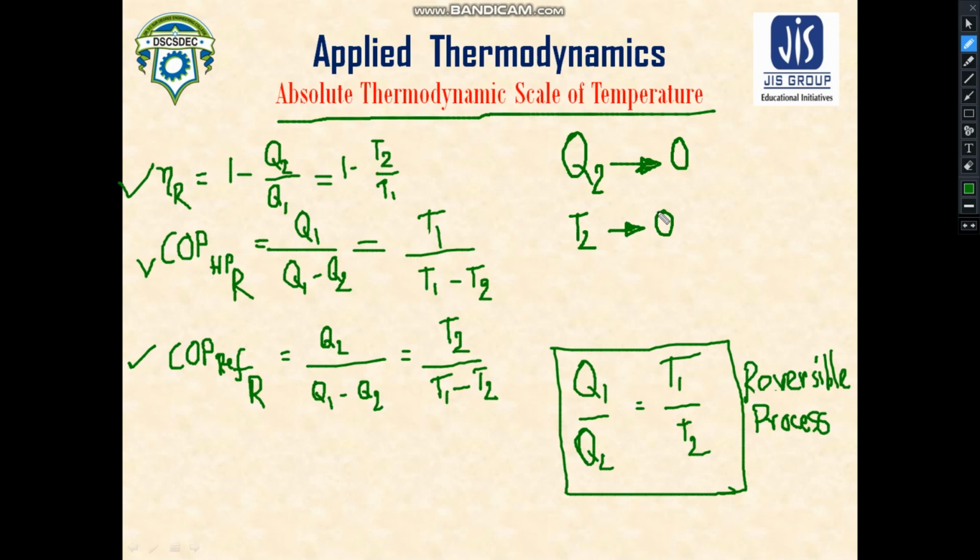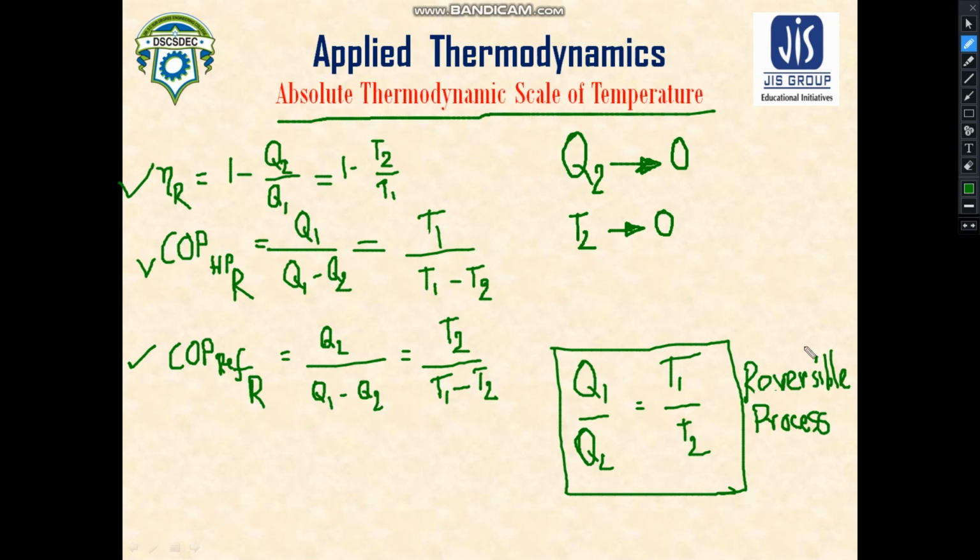So we can say that in the absolute thermodynamic scale, a definite 0 temperature point can exist, but it cannot be reached because there will be a violation of the Kelvin Planck statement, or specifically a violation of the second law of thermodynamics.